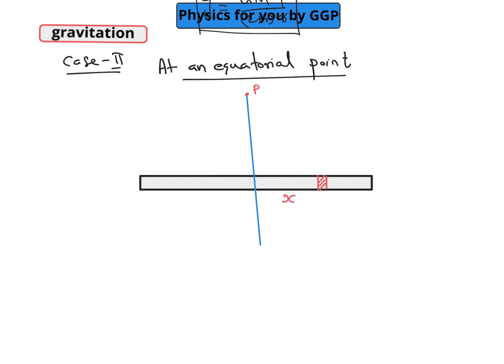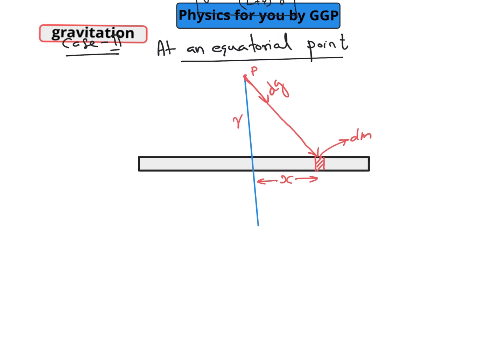Let's say that small element is at a distance x from the center, and the mass of this small element is dm. The gravitational field due to this dm at point P is directed towards this point, represented by dg, and the distance of point P from the center is r.